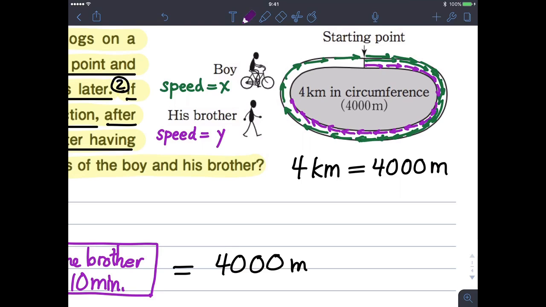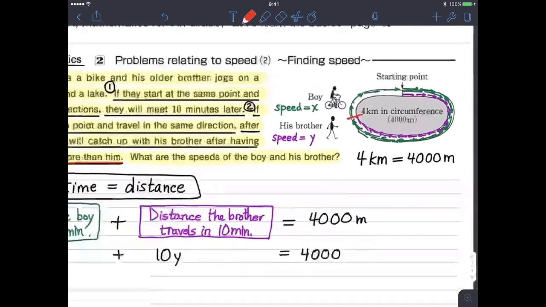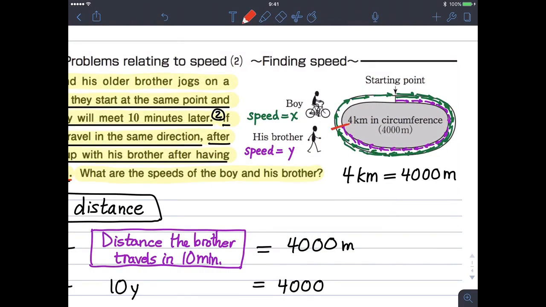At some point, the boy is going to catch up with his brother. Let's just show that with a red line. Again, the location where he catches the brother is not important, but what is important is that he has completed one lap more than him. One lap means one time around the lake.